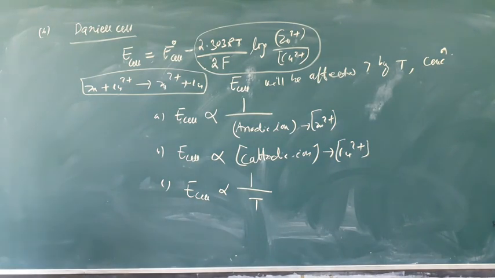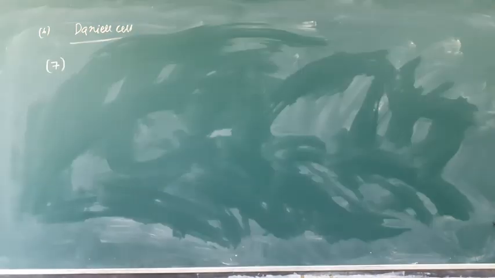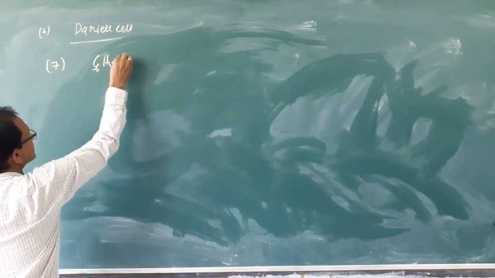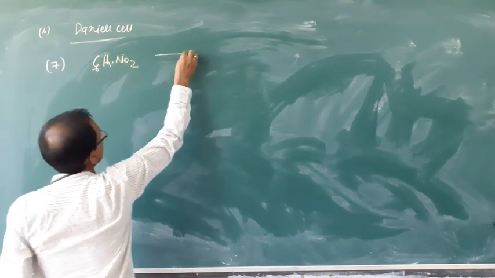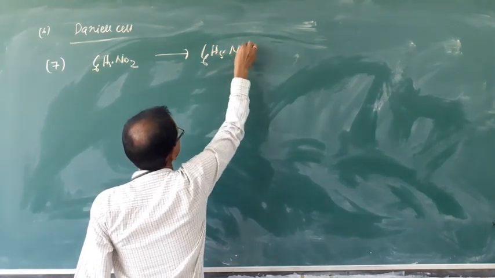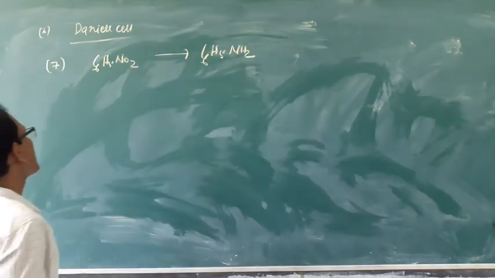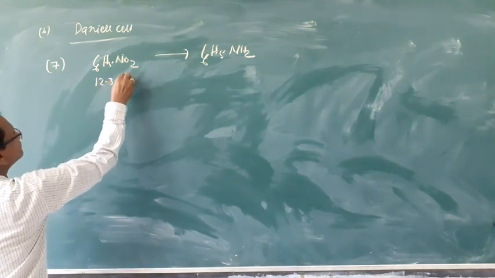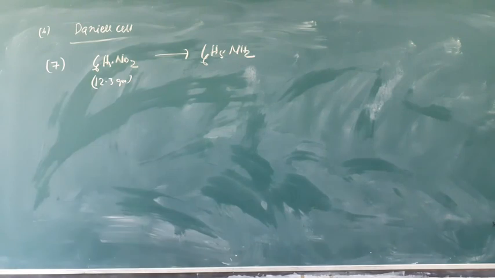Then question number 7, a reduction of nitrobenzene. Reduction of nitrobenzene to aniline. How much gram? 12.3 gram of nitrobenzene for reduction.